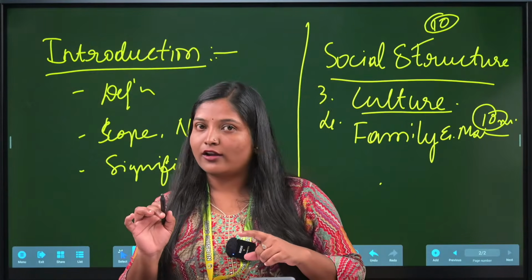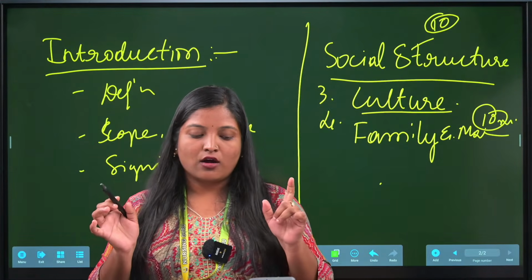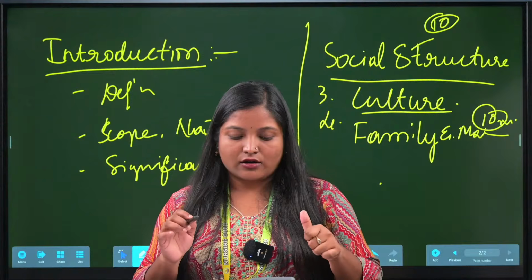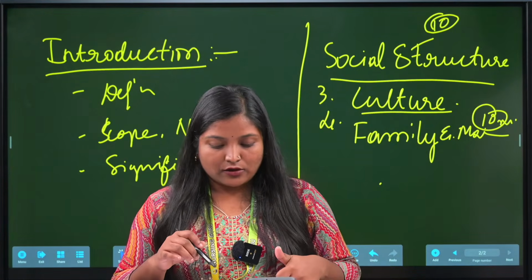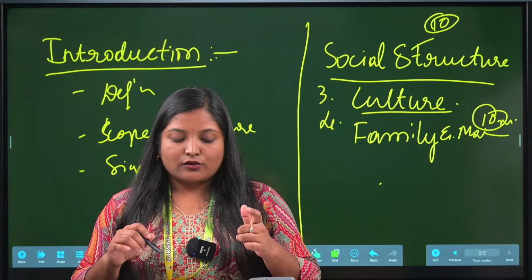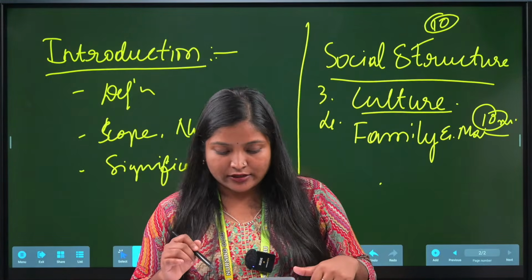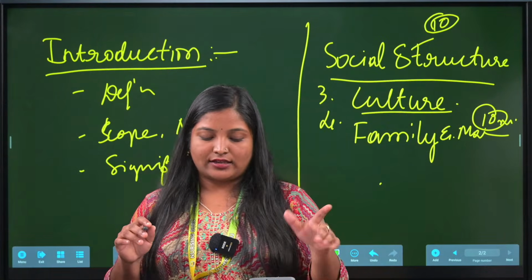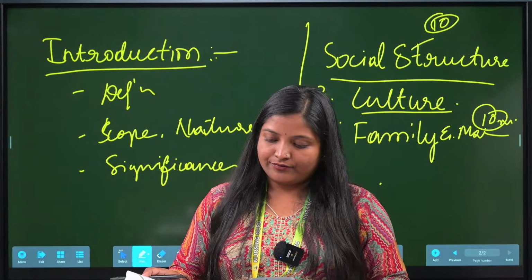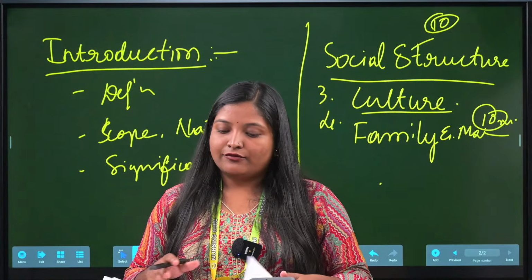Illiteracy and alcoholism, look at the definitions. Next, social disorganization, dowry, problems of aged, role, role set, role conflict, minority problems, differently enabled people. This much you can expect. This is the question set from the sixth unit.